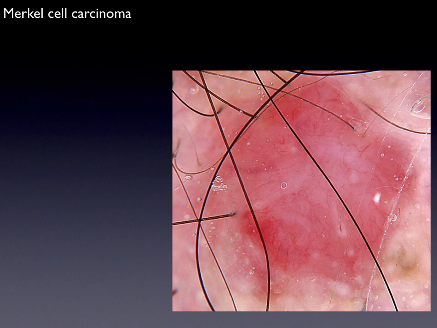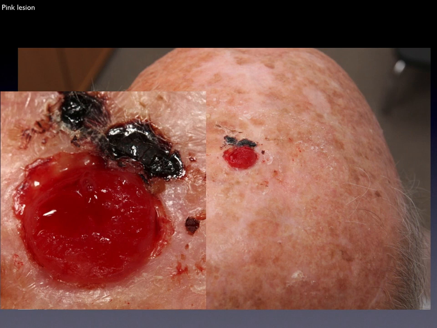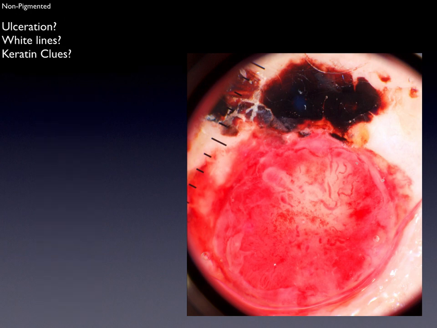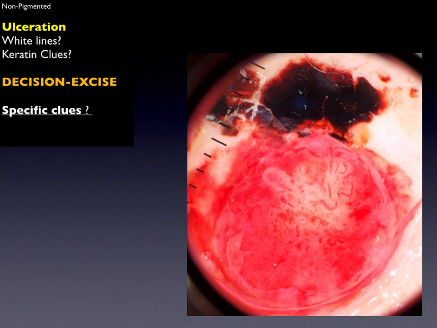the histological diagnosis. Here we have a pink lesion on a man's scalp. We cannot call this one of the 5 common benign lesions. We put this non-pigmented lesion through the prediction without pigment decision algorithm, and it is broadly ulcerated, so we make the decision to excise, and we look for clues to a specific diagnosis.